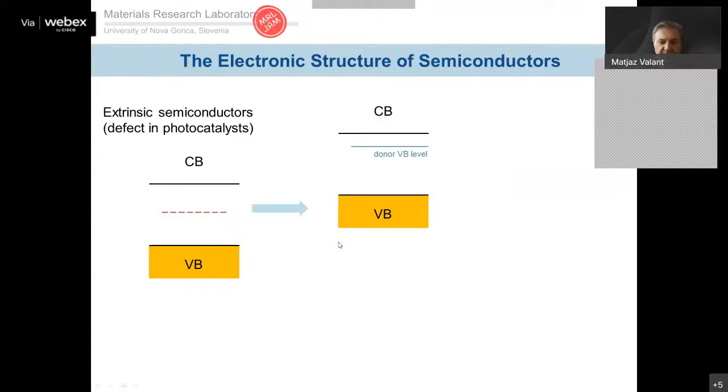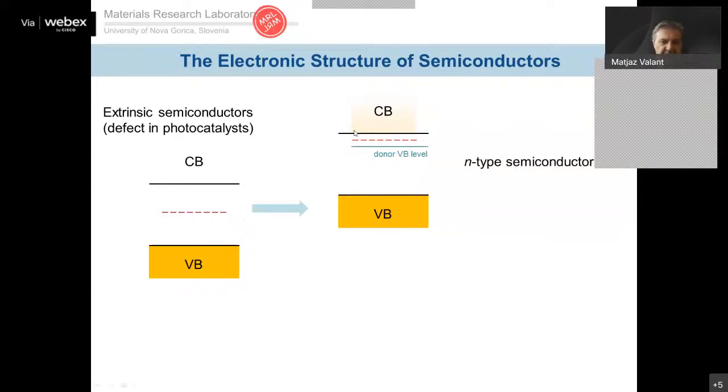And now we dope this system with some donor. So the upper limit of the donor's valence band would be close to the conduction band, but not in it, but within the band gap, close to the bottom of the conduction band. So in that case, you see the calculated probability would look like that, but as we know, we can't have any states here.